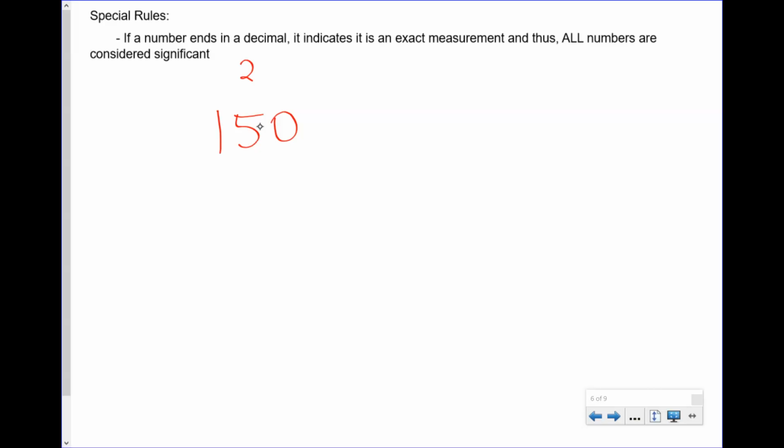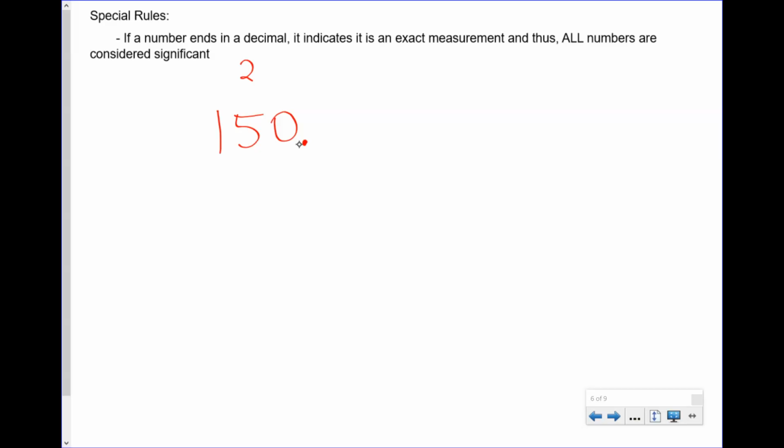Well, let's say that we were measuring something and it came out to be exactly 150, and we knew that based off of the instrument of measure, and so that 150 is an exact number. It's not 149, it's not 151. We have measured it out to be exactly 150. And if we want to indicate that, we just put a decimal point there at the end. So if we see a decimal point in chemistry, and obviously we don't use the decimal point at the end of a number if we don't need to, we just leave it off.